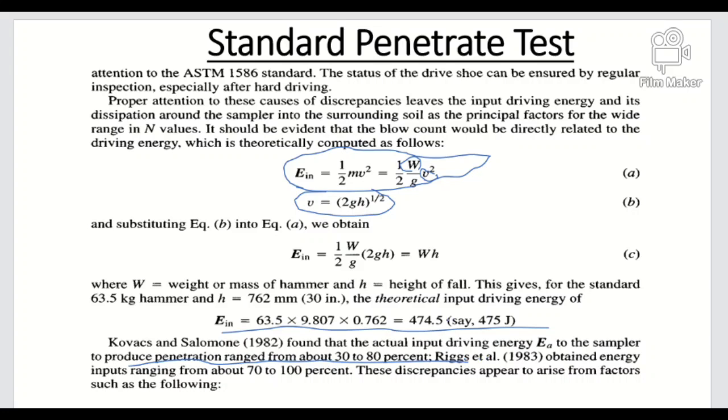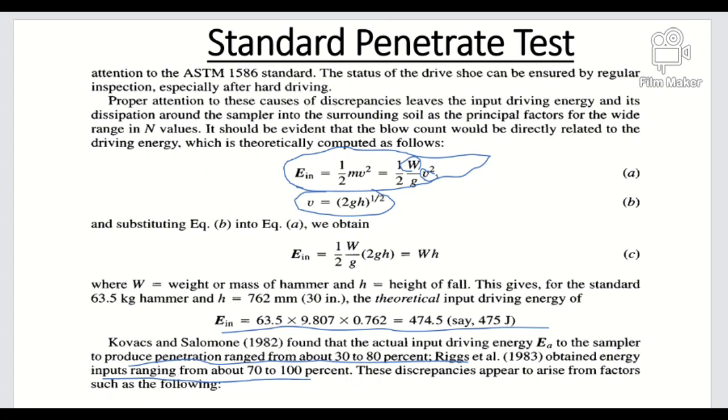So it cannot apply 100% of the theoretical value. It is accounted as a percentage of the theoretical value in the practical field.